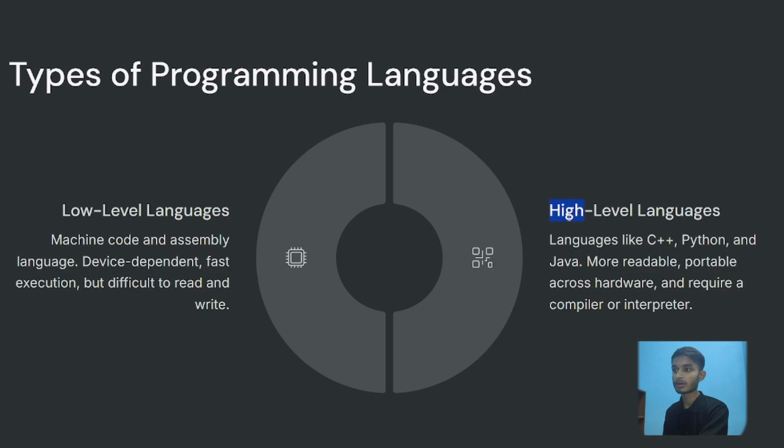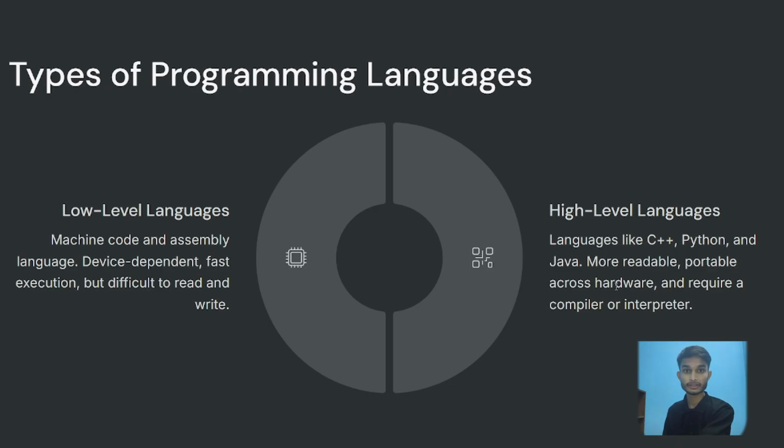High level languages like C++, Python, Java, and JavaScript are all high level languages. We mostly use high level languages. They are more readable because you mostly use English words, and they are portable across hardware. Java is portable because if you write the code on one computer, it will run on every computer.